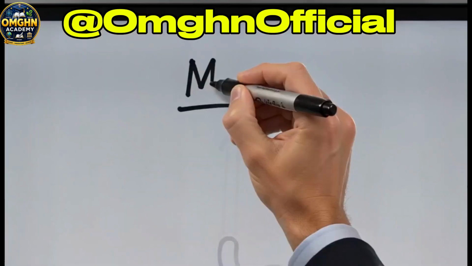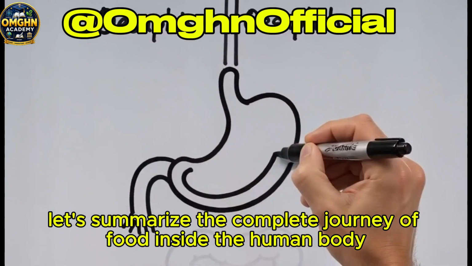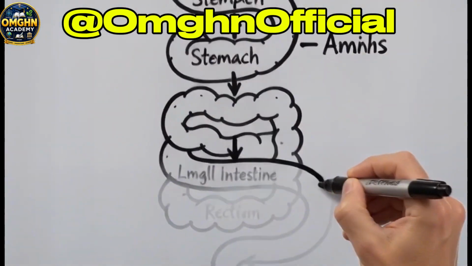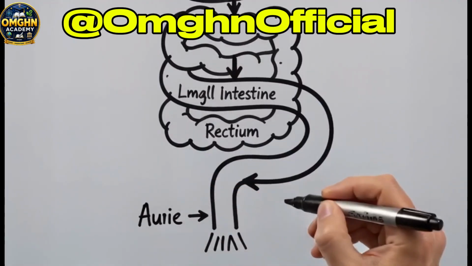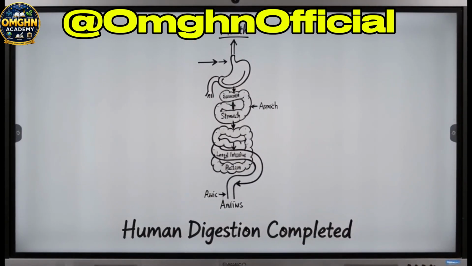Let's summarize the complete journey of food inside the human body, from the mouth to the anus.